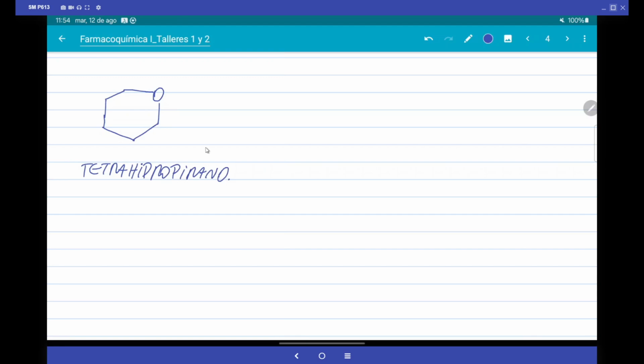You are seeing that it has less polarity. It does not have the proton. So what do you think? 100% soluble or 100% insoluble? It does not have carboxylate. It does not have ammonium. And oxygen, 100% insoluble.